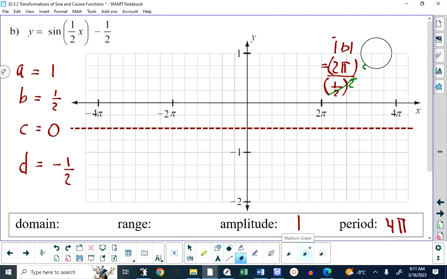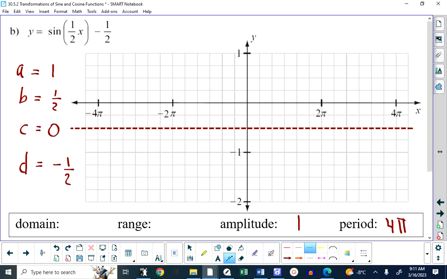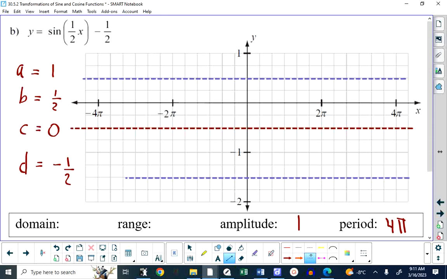Well, now what we're going to do is use the fact that the middle of the graph is at D, which is negative 1/2, and the amplitude is 1, which tells us the maximum will be 1 above and the minimum will be 1 below. This A and D together, setting up those grid lines, is absolutely vital to understanding what the graphs will look like.